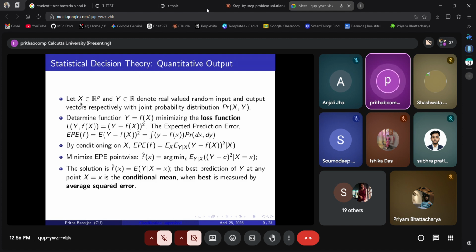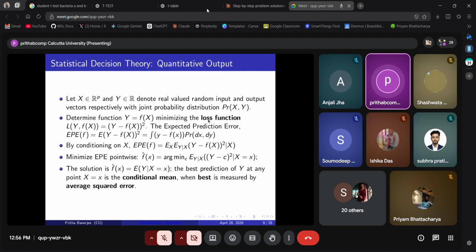So x is the data set and predictor variables, and y is the response variable or the labels. We have real valued random input and output vectors, and we assume that x and y have a joint probability distribution, P(x, y). Essentially, we try to determine the function y equal to f of x, minimizing the loss function.